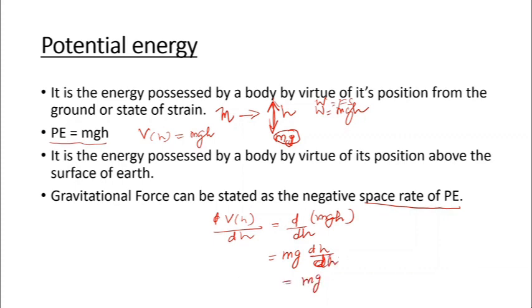This mg is acting opposite to the height through which we are taking the body, so it is minus mg. So we can say minus dV(h) by dh is equal to F. So that is the meaning of this sentence: gravitational force can be stated as the negative space rate of potential energy.